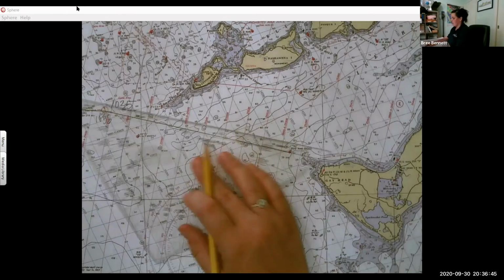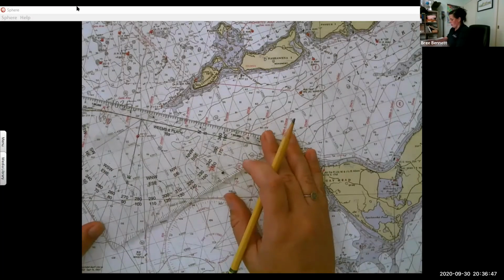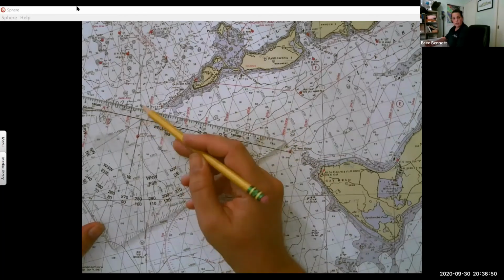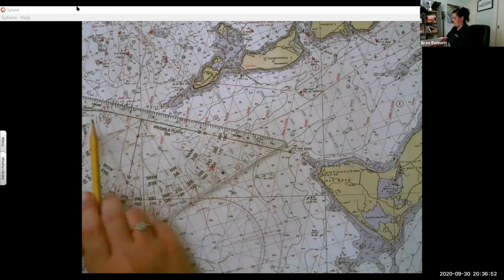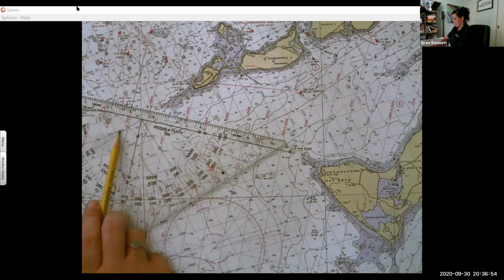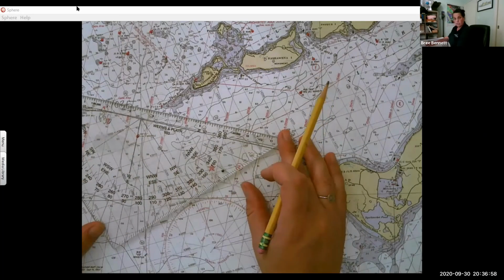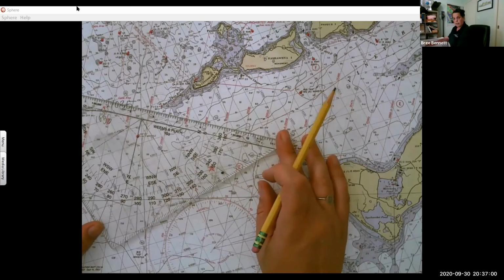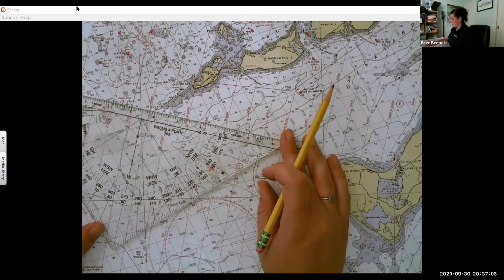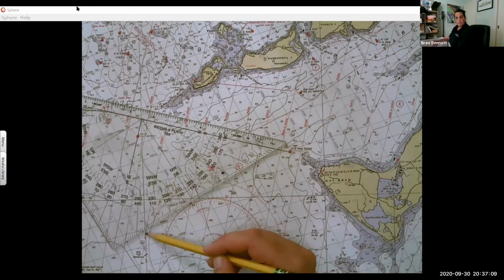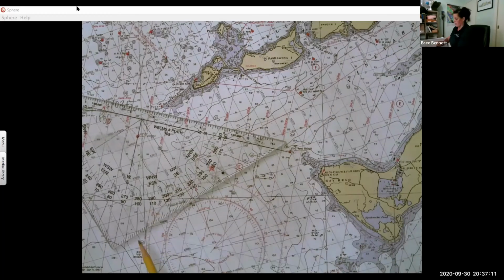If you have your triangle, you put that focal point on a vertical line, the dark line on the long side of the triangle on the line in question. So I'm just lining it up there. And then you read it at the bottom. Here's 100, 105.